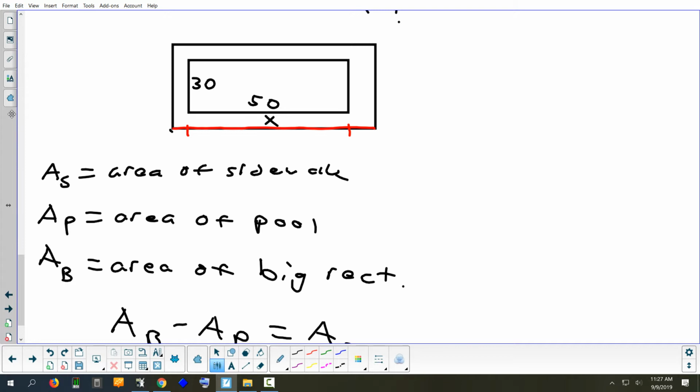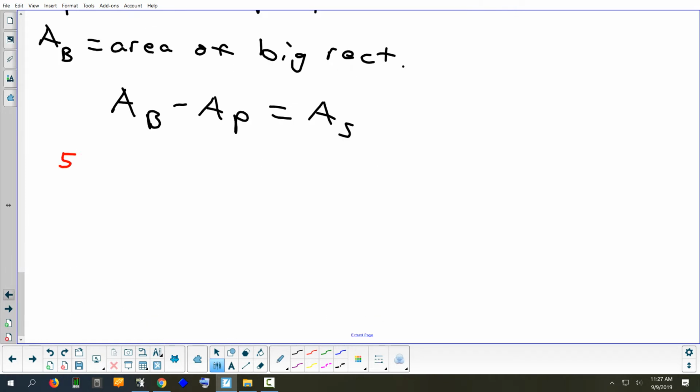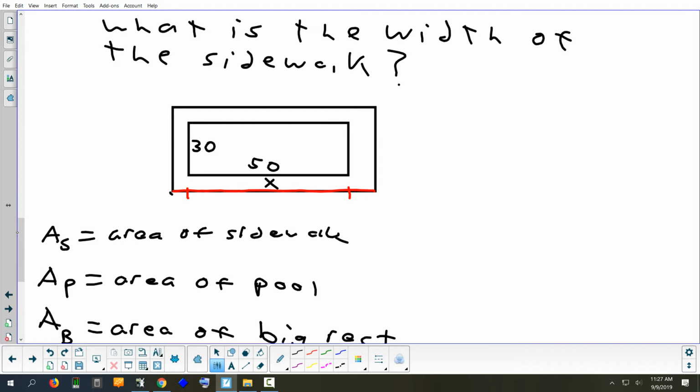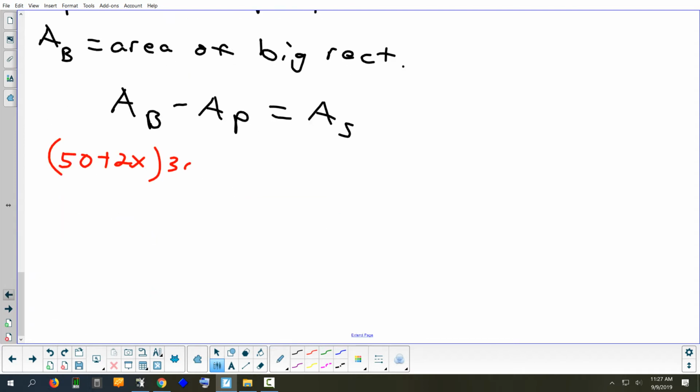So it's 50 plus 2x. Yep, good job. Or 2x plus 50, doesn't matter. That's my length. What's my width? 30 plus 2x? 30 from here to here, and then a little part of the sidewalk on the top and bottom. So 30 plus 2x.